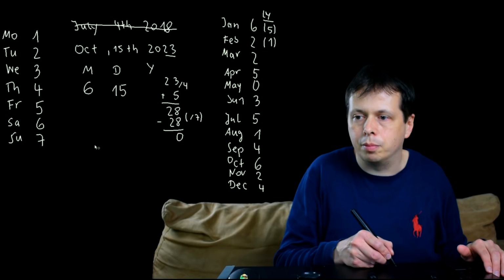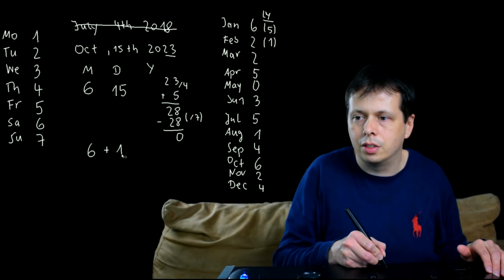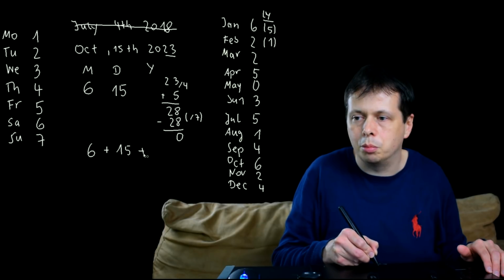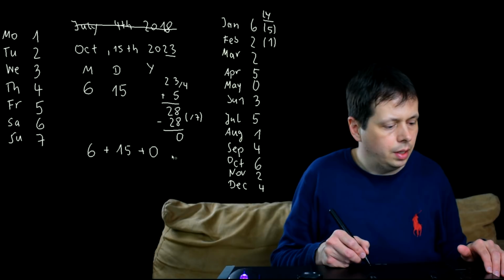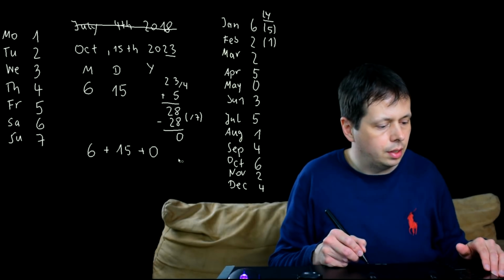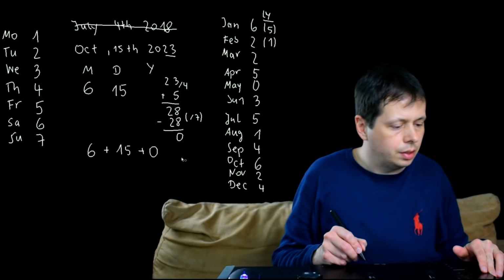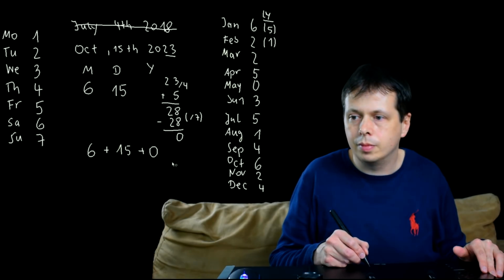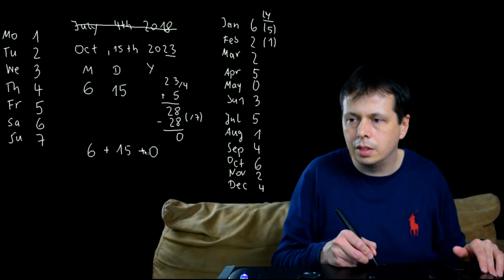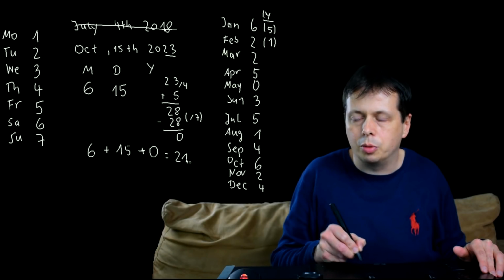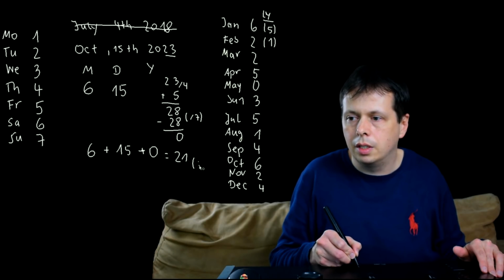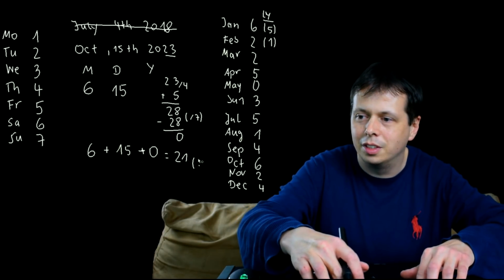And now we sum 6 plus 15 plus 0, and then we have 21.